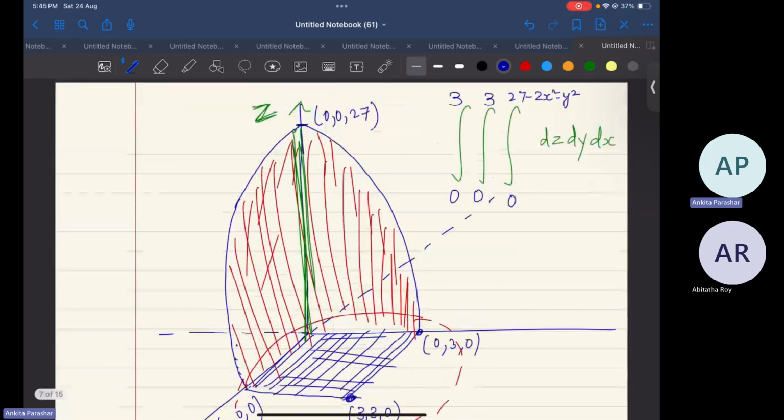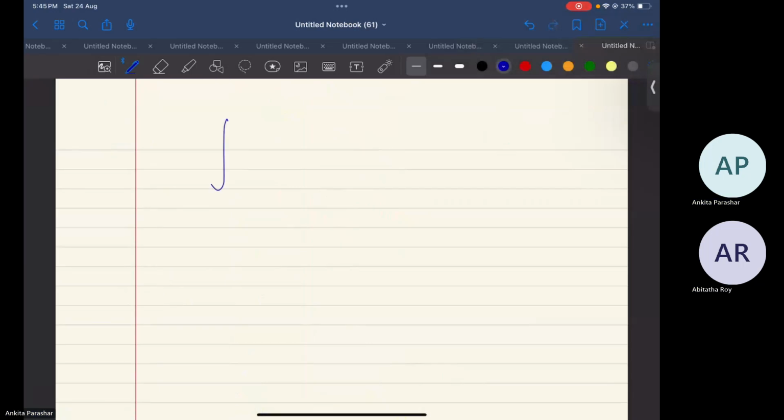Just a moment. Let me write on the fresh page. So 27 minus 3x squared. I think it was 2x squared.